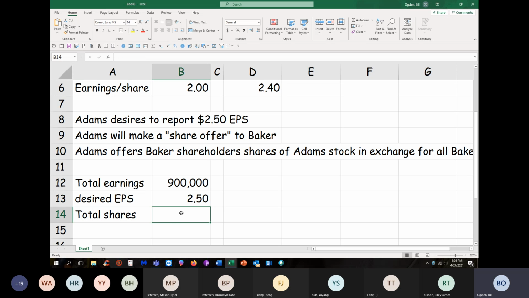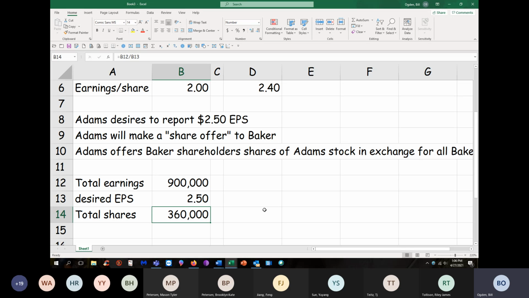So if you had 900,000 in earnings and you want the outcome to be 250 per share, then we solve for shares. So we'll just say equals this 900 and we'll divide by the 250. So that would imply that the merged company could have as many as 360,000 shares.